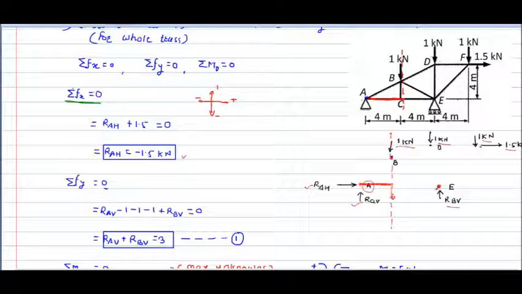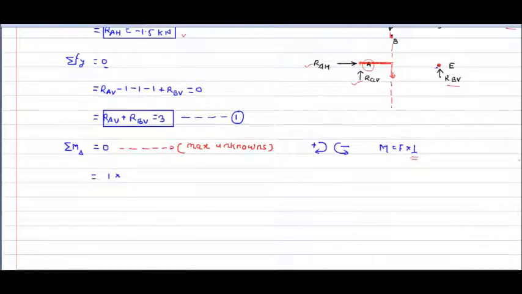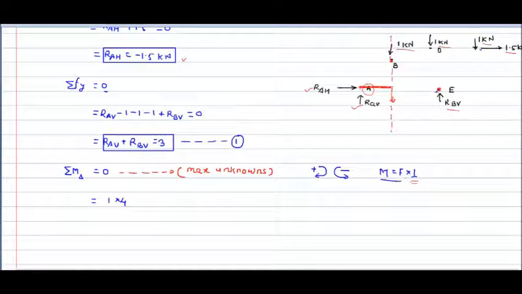This is the perpendicular distance that we need to know here. So for this force of 1 kilonewton, the perpendicular distance is 4. So it means 1 into 4, multiplied by, this is the magnitude, and for its sign convention, it is going to create a clockwise moment, that is in this direction, so that's why we are going to take it positive. It means the first moment is done.